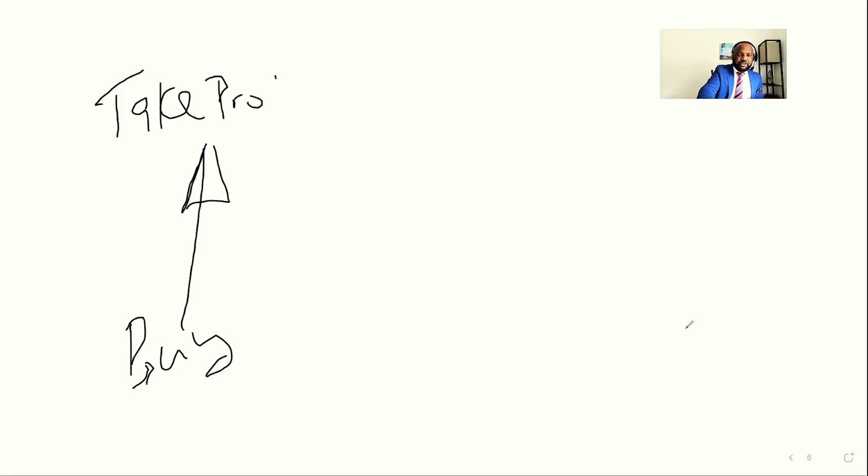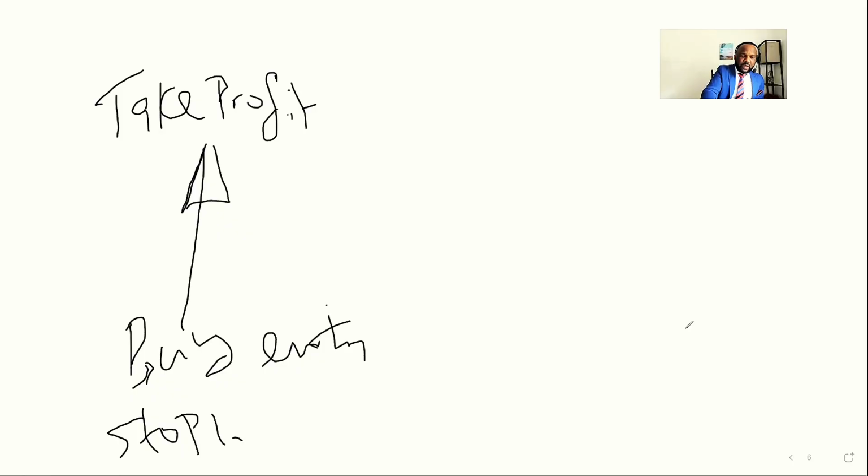You want to enter a buy before the price actually moves up. You want to set your take profit at a price above your entry. This is your entry. Take profit above the entry. We dealt with this yesterday. You want to set your stop loss, in case you are wrong, below your entry.